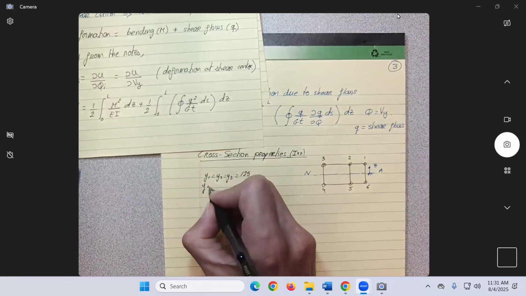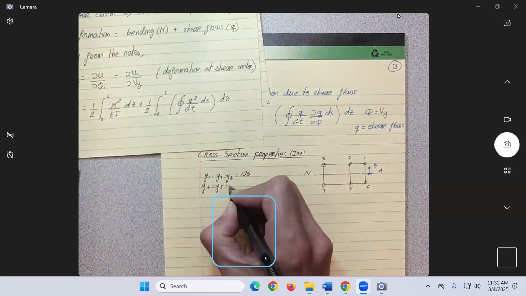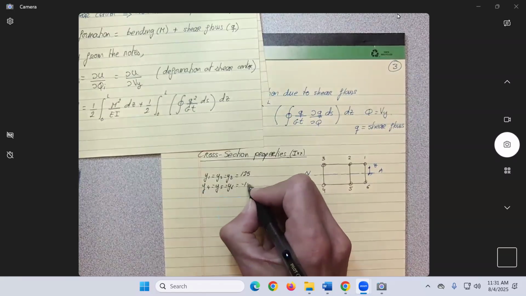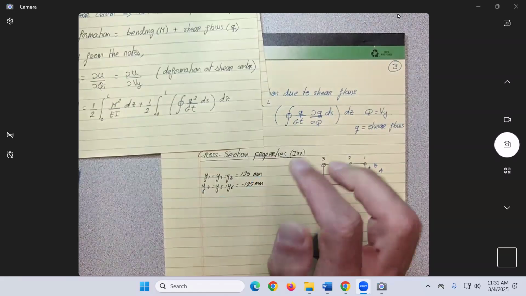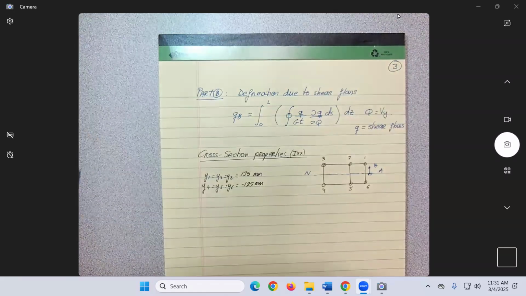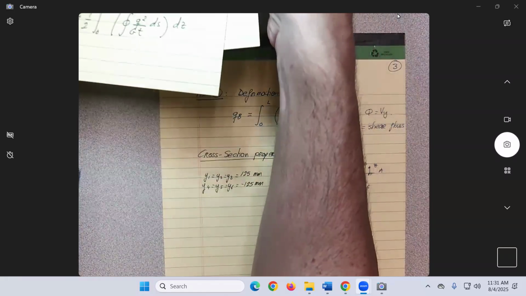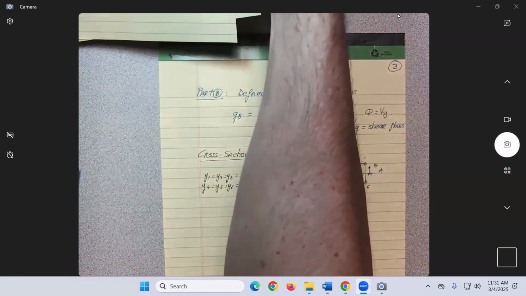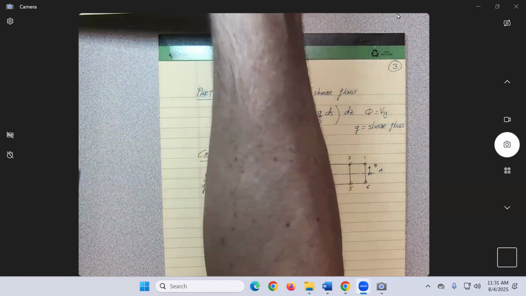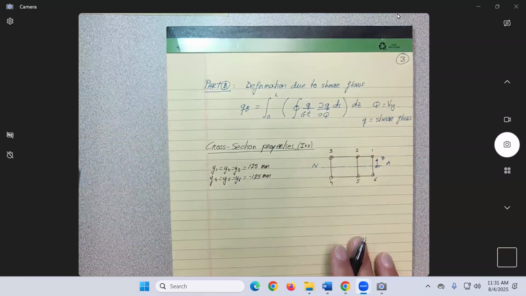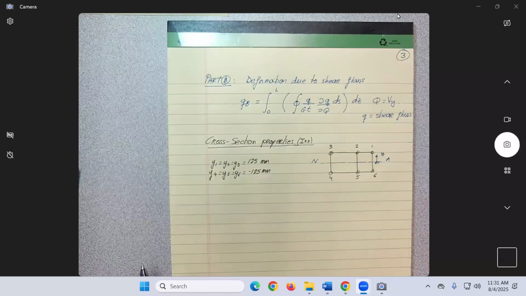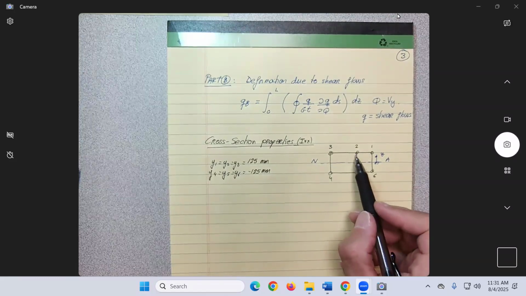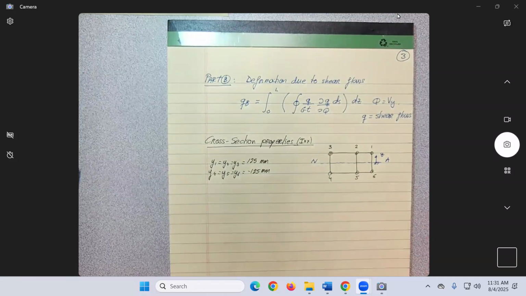And y4 equal y5 equal y6 will be equal to minus 125. So this is symmetric, okay? So the CG will be located in the middle, but it's not going to affect the Iyy.